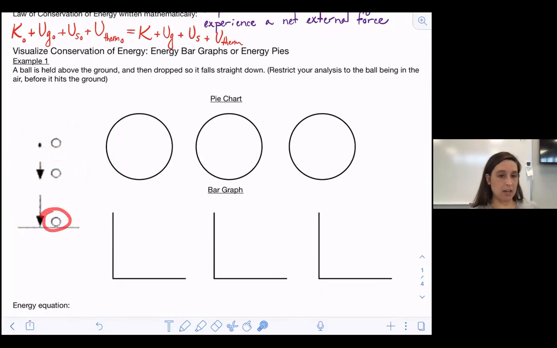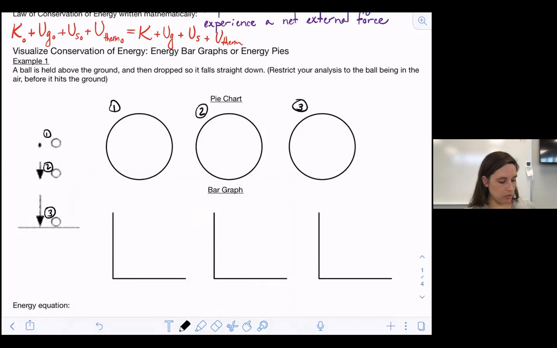And then we're interested in the moment before the ball hits the ground. And I'm going to number these things 1, 2, 3, because we want to think about what energy is present in the ball at those three different snapshots of the motion.